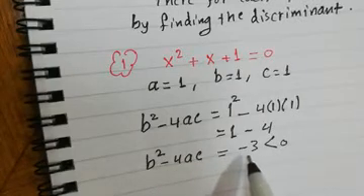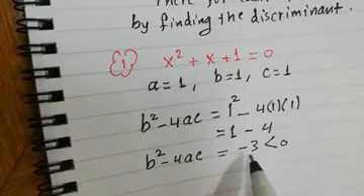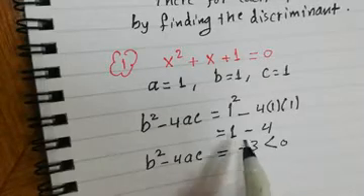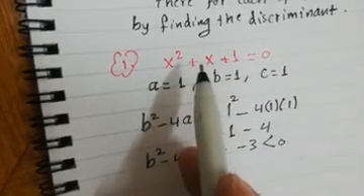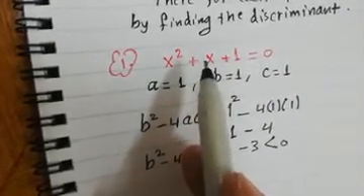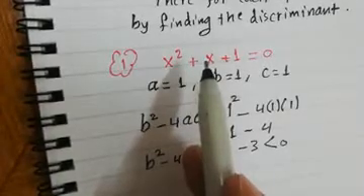If you got a negative discriminant, it's less than 0, so there is no real solution.